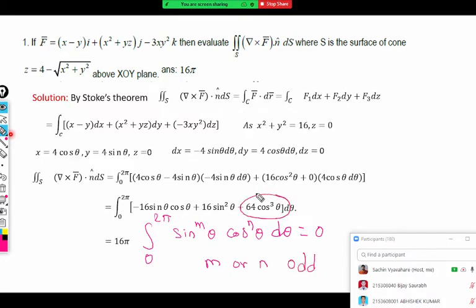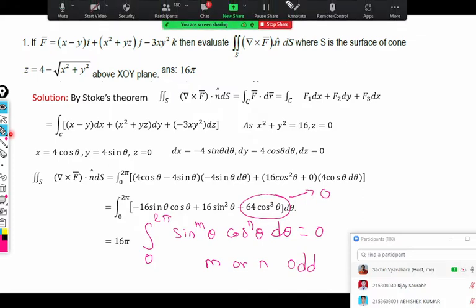In case of cos cube theta, the power of cos is odd and sine raised to 0 is there, so at least n is odd. As n is odd, the value of the integral of this term is 0. Got it? By the property. I'm not going to prove this property. The proof is very easy, and there are a number of ways to prove it, but this is not part of the syllabus.